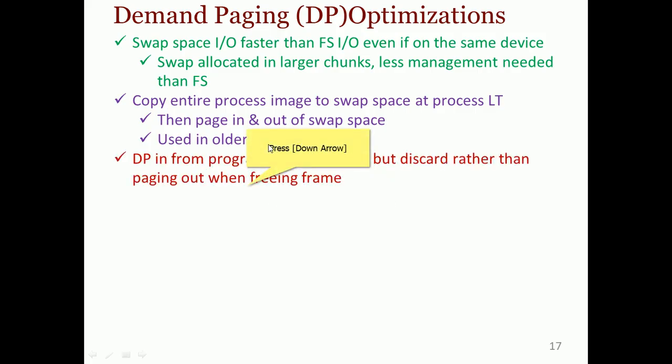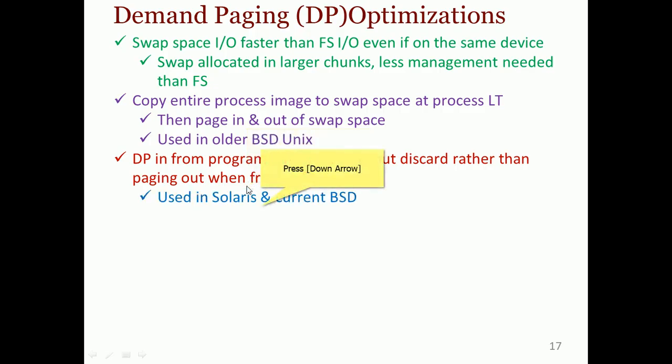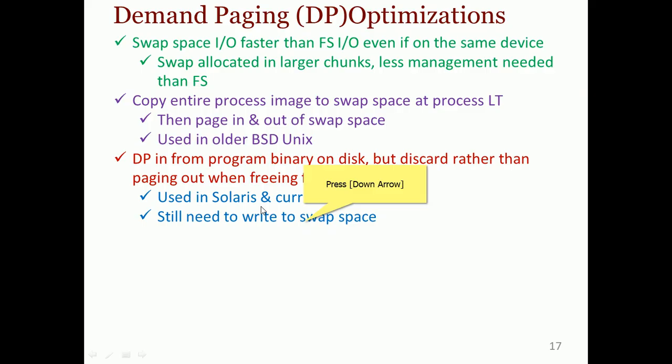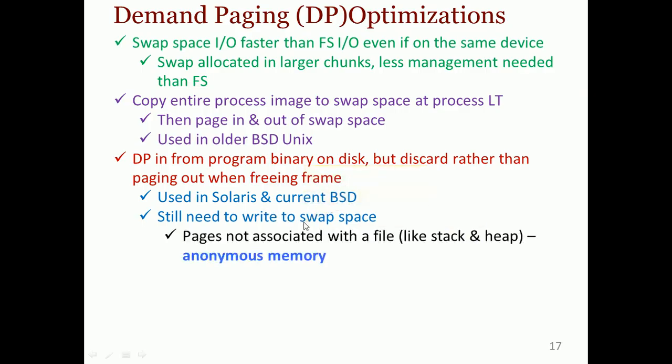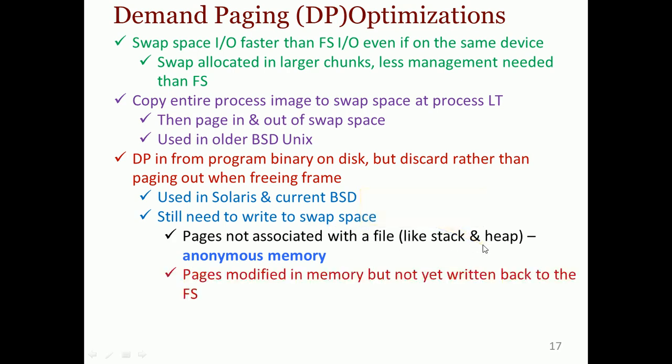Demand page in from program binary on disk, but discard rather than page out when freeing a frame, as used in Solaris, and still need to write to swap space pages not associated with a file, like stack and heap, that is anonymous memory, and pages modified in memory but not yet written back to the file system.